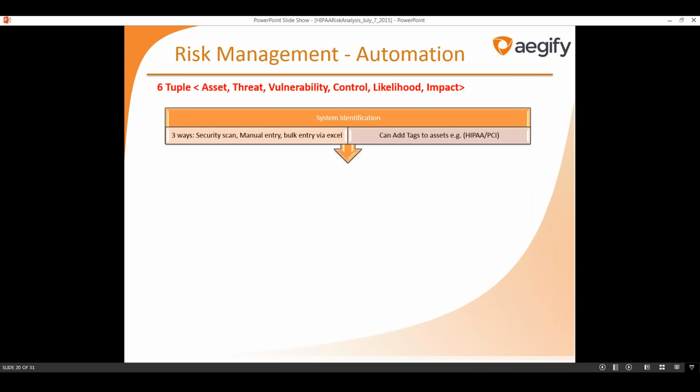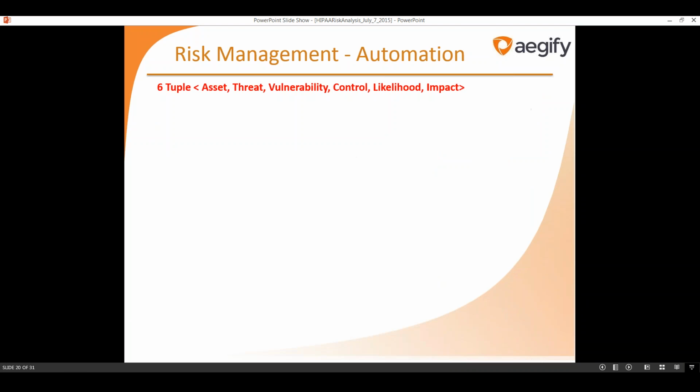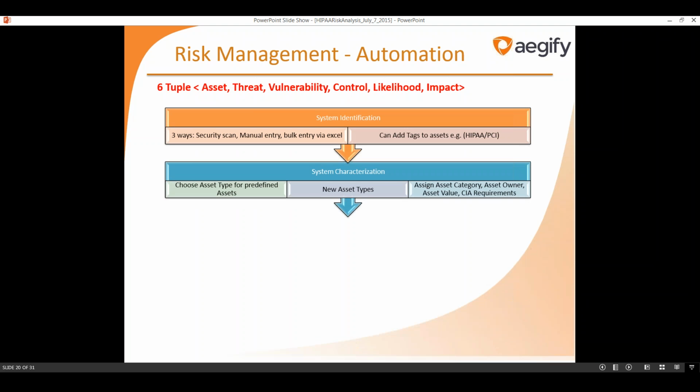There's complete automation for risk management. And remember, I said that really risk management is dealing with these 6 variables: critical assets, threats, vulnerabilities, and the likelihood and impact of these threats going through. The controls are really your security defense mechanism. So you're trying to assess the efficacy of the entire framework to understand where you stand from an organizational point of view.